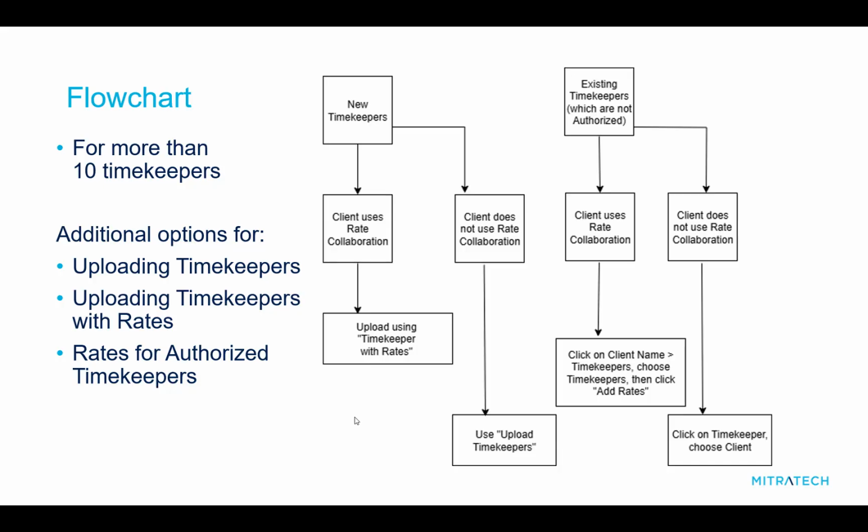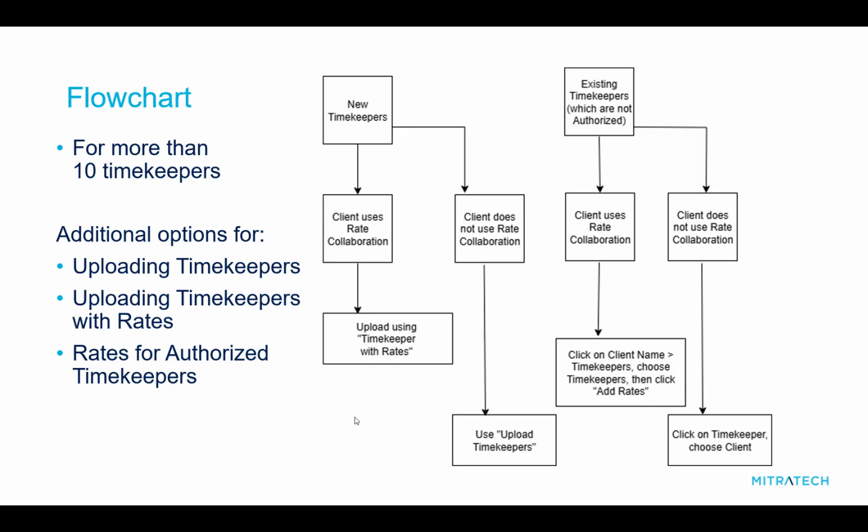For more than 10 timekeepers, you have additional considerations. On the left side, you'll see the new timekeepers with options whether or not the client uses rate collaboration or not. Here we can upload using timekeepers with rates or upload using timekeepers only.